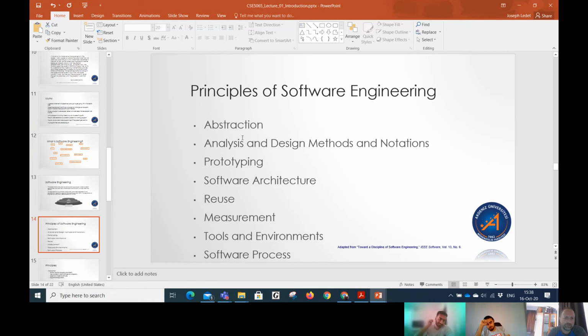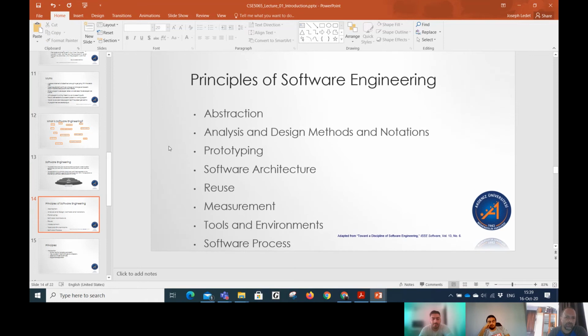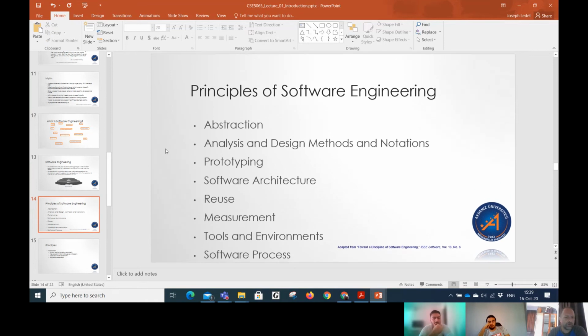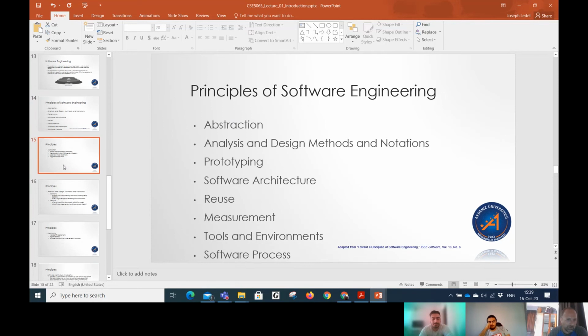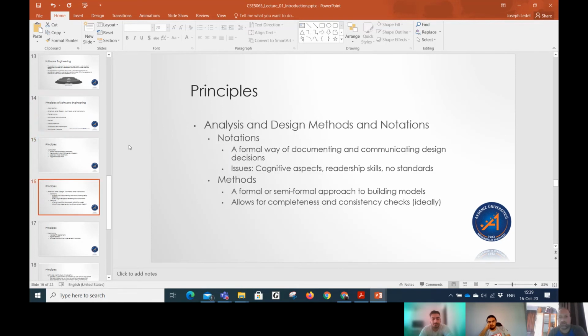Okay, so again, software quality is a part of the whole of software engineering. These are some different principles in the idea of software engineering. I don't want to get too much into this, but I do want you to understand that these are some key ideas involved in the field. Since I don't want to get too much into that, I do want to include these slides so you can take a look at them yourself.